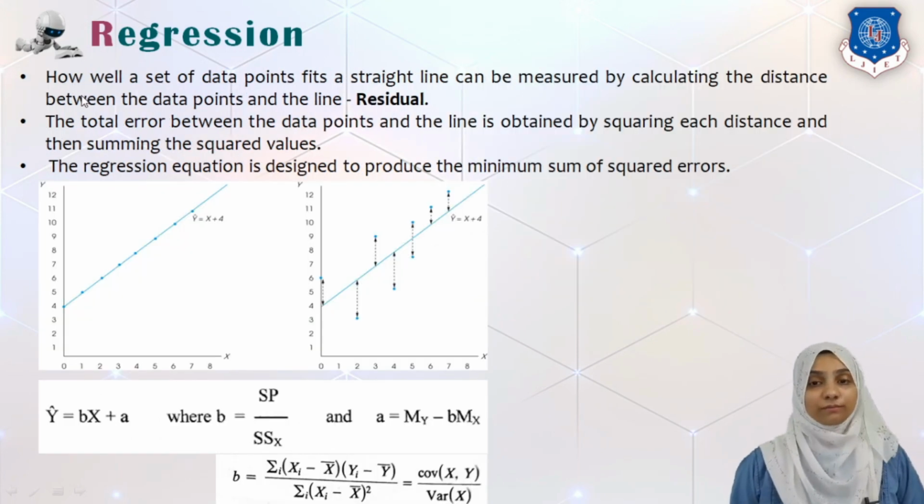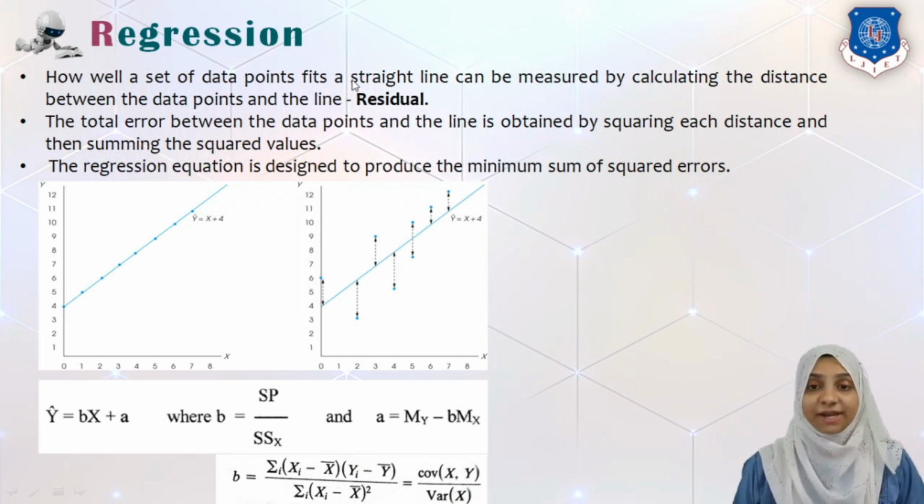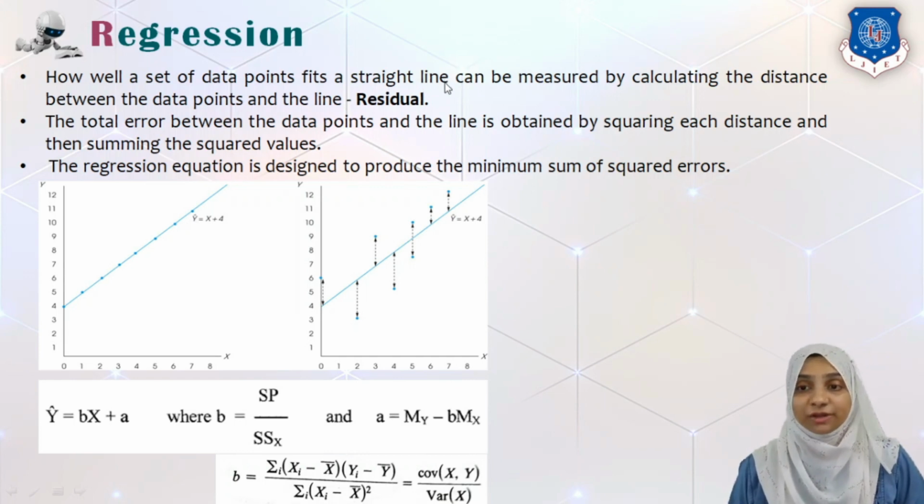Now, how do we say a particular fitted line is good or not? For that reason, we have something called the calculation of residual. This residual will calculate how well your line is fitting the data points, and it is represented or shown by a particular straight line.